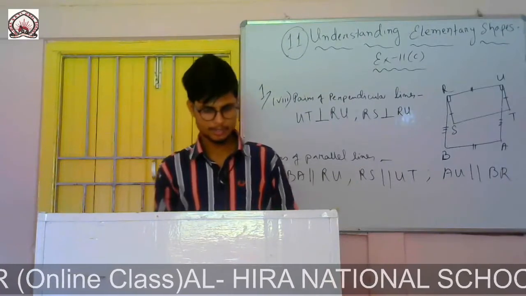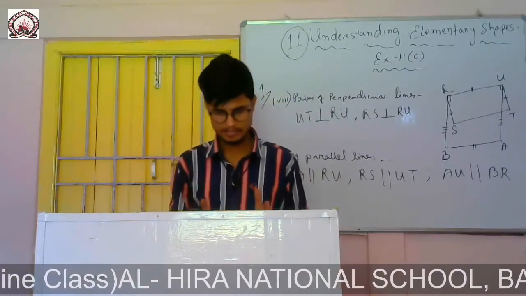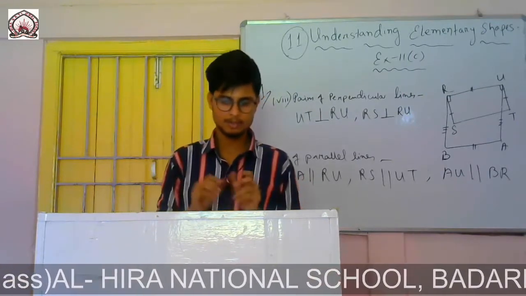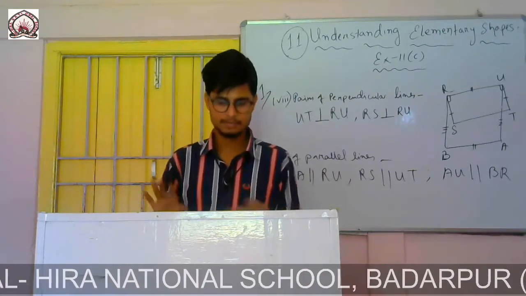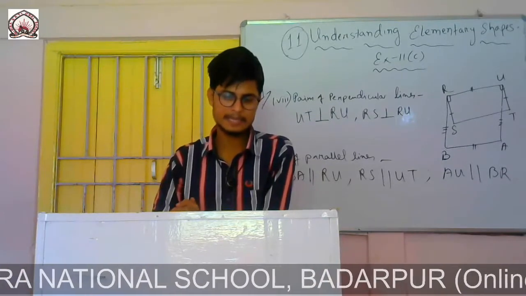Now question number 2. Tell whether each statement is always, sometimes or never true. So there are three statements given. You have to say which one is always true, which one is sometimes true, and which one is never true. Roman number 1, intersecting lines are parallel.